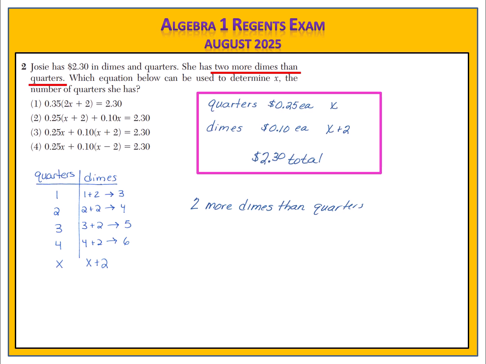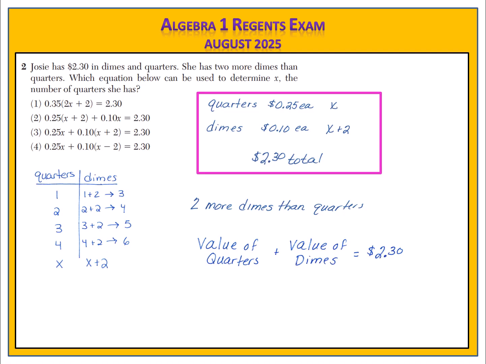We'll use this information to write our equation. The total amount of money is $2.30. That comes from adding up how much money we have in quarters plus how much money we have in dimes. So the value of the quarters plus the value of the dimes will equal $2.30. How much is each type of coin worth?